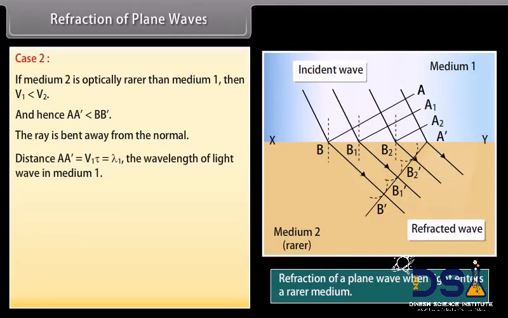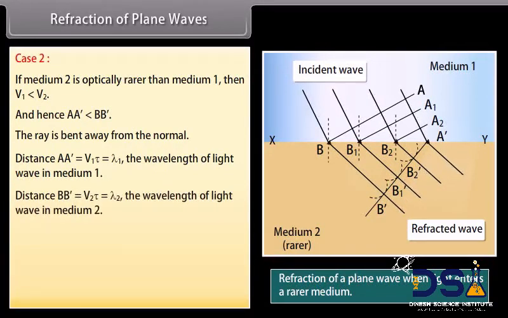Distance AA' is equal to V1 times t, which is equal to lambda 1, the wavelength of light wave in medium 1. Distance BB' is equal to V2 times t, which is equal to lambda 2, the wavelength of light wave in medium 2.